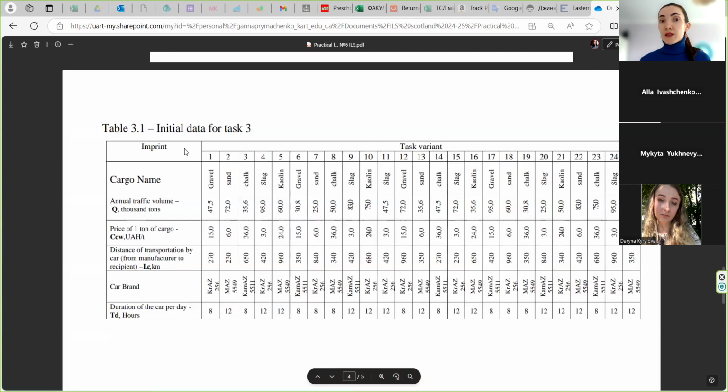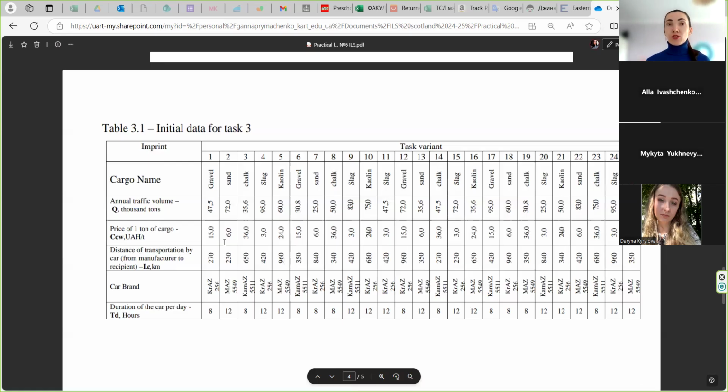It is the same as your number in the list of your group. For example, if you have the first variant, the parameter L with index C is our fourth parameter in the table. It is the distance of transportation by car from manufacturer to recipient, in kilometers. For the first variant, it is 270 kilometers. For the second variant, it is 230 kilometers, and so on. Please find your parameter.